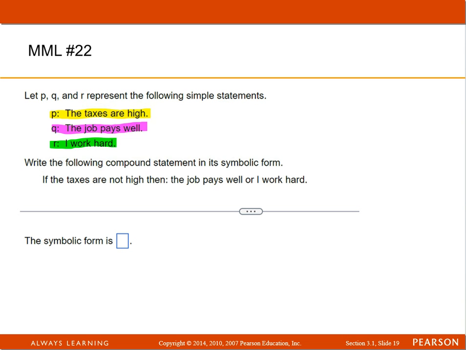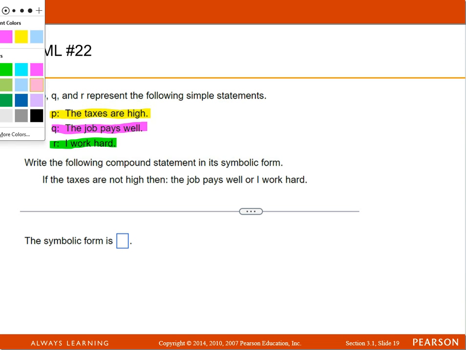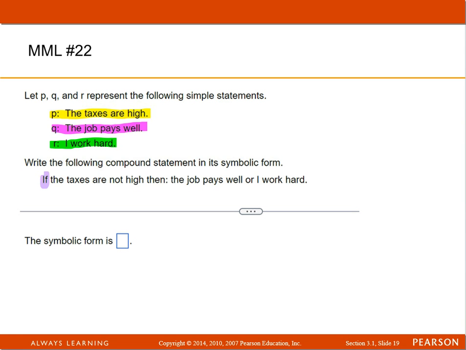Write the following compound statement in its symbolic form. If the taxes are not high, then the job pays well, or I work hard. Okay, this has got a bunch in it. I have an if and a then. So I know I have an arrow here.